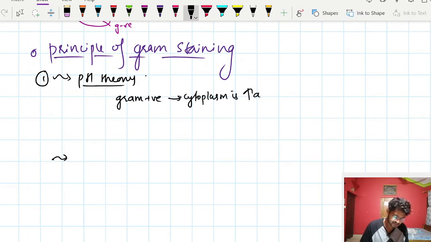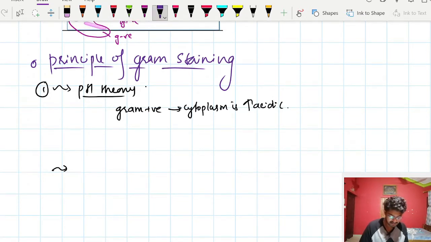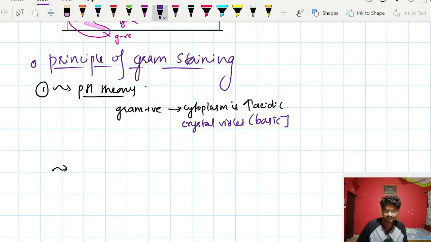So we use crystal violet, which is basic. In gram positive compared with gram negative, the cytoplasm is more acidic, so crystal violet will stain more deeply in gram positive bacteria. That is the pH theory.